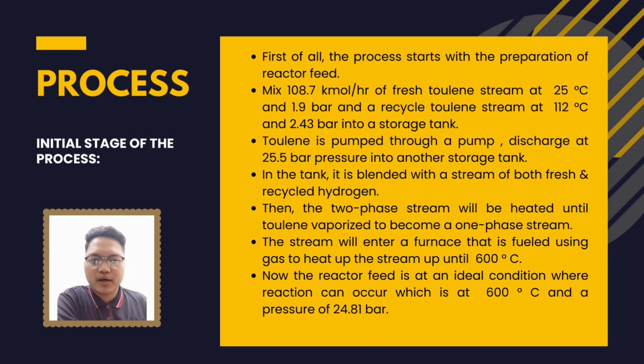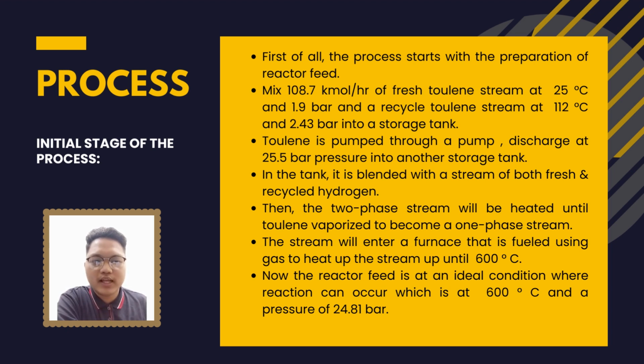Then toluene is pumped through a pump which discharges at 25.5 bar pressure into another storage tank. In the tank, the mixture is blended with a stream of both fresh and recycled hydrogen. Then the two-phase stream will be heated until toluene vaporizes to become a one-phase stream.